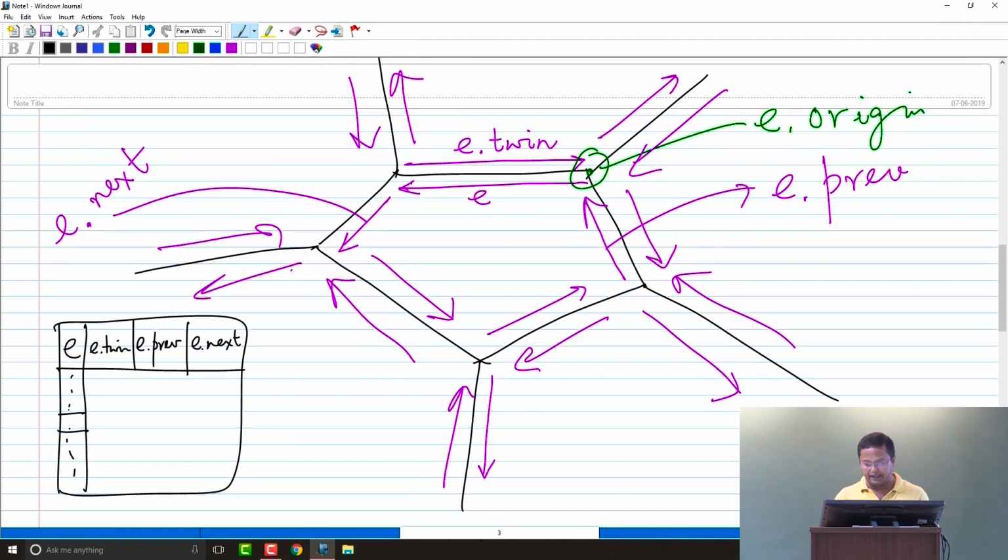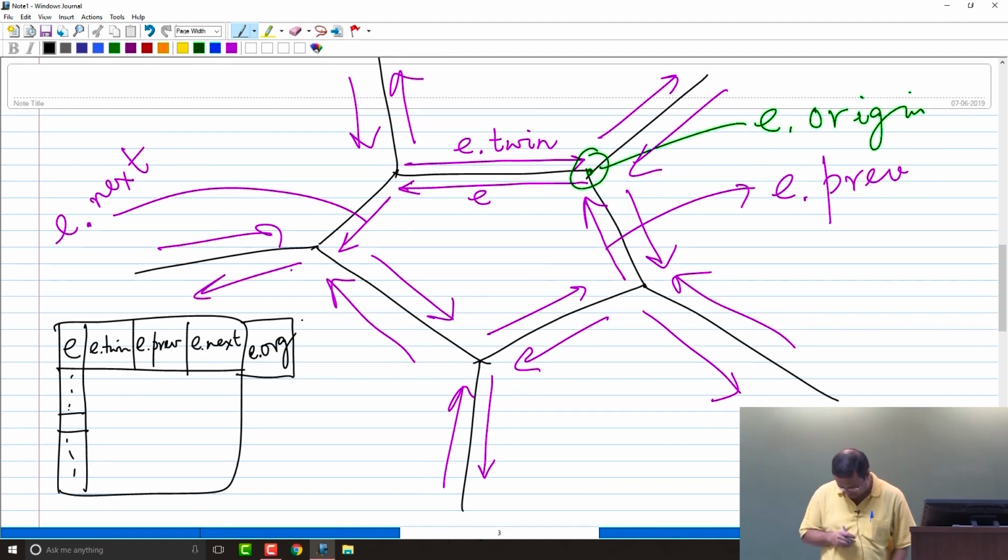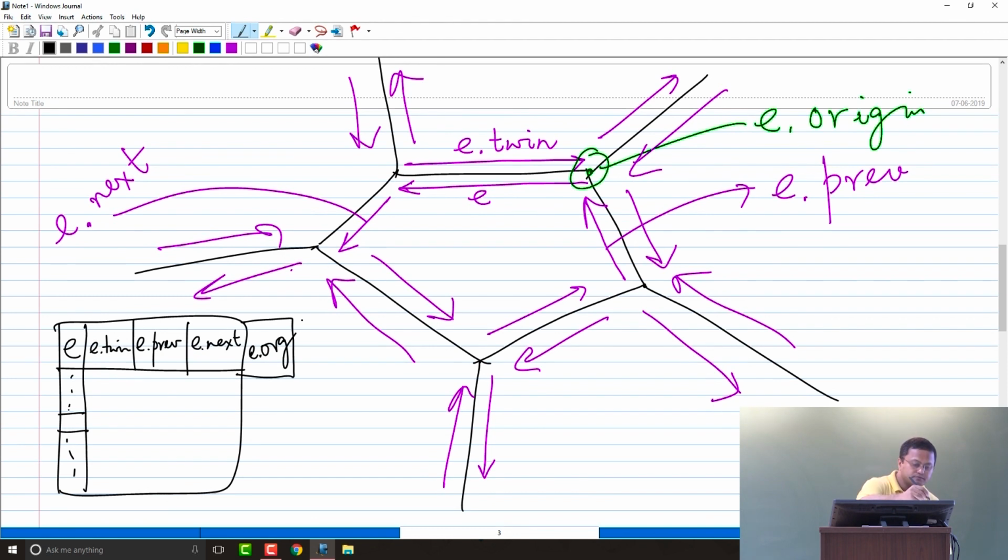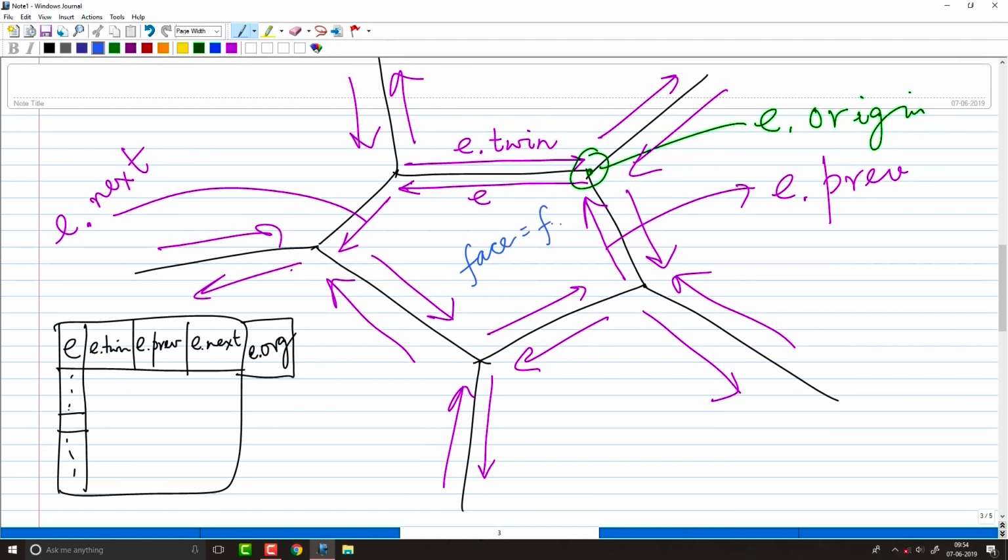Okay. So, this was about edge, and for an edge I also store its origin, E dot origin. Now, what about face? For a face I will again have a face record.